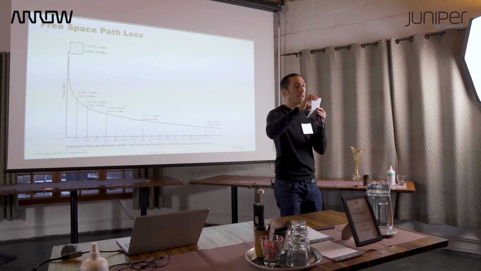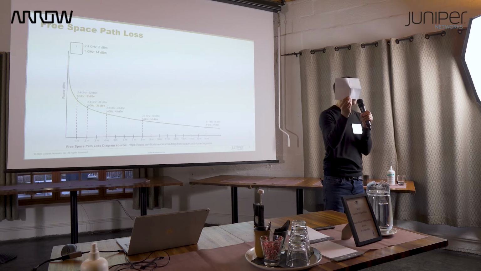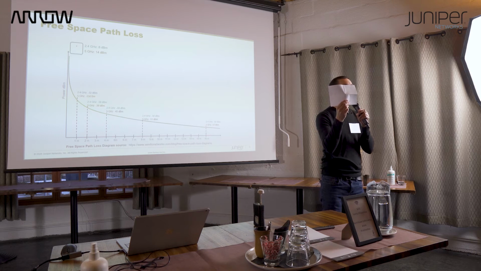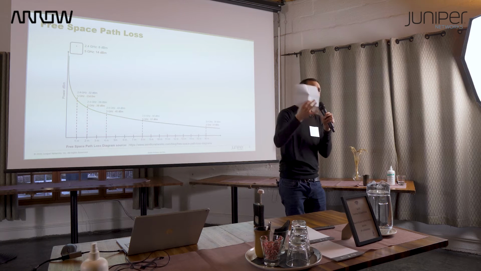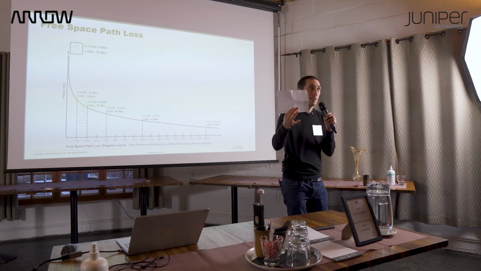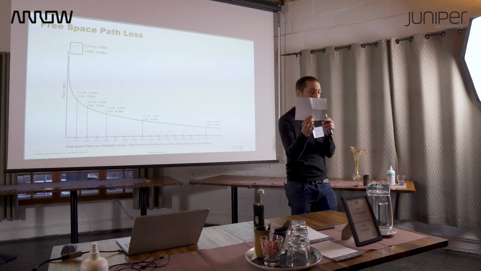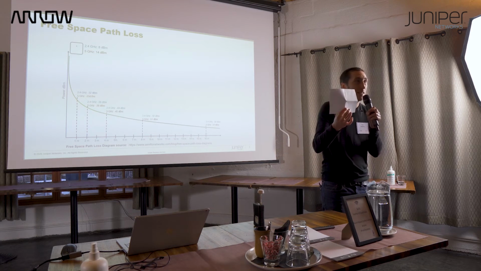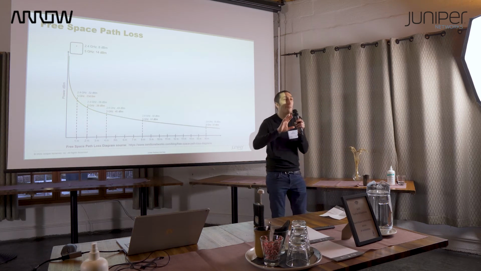So comparing it to my 2.4, it's receiving 4 times the amount of signal. Well, every 3 dB is double or half, so it means that the 2.4 is receiving 4 times the 5 gig, it's about 6 dB more, more or less.